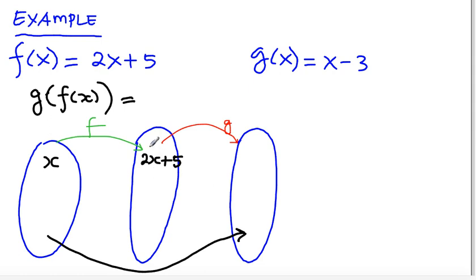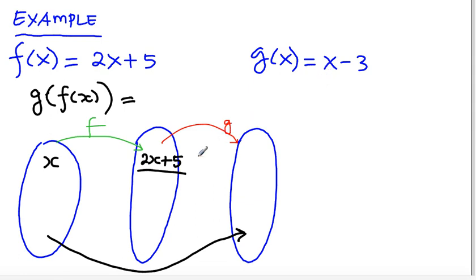Okay, so now this new expression, it's not a value because we don't know what the value of x is. We just want something in general. So this new expression now, I am going to use and apply function g to it. So can I now find g of 2x plus 5? It's the same principle. I'm just going to substitute 2x plus 5 into the x position of the rule of function g.